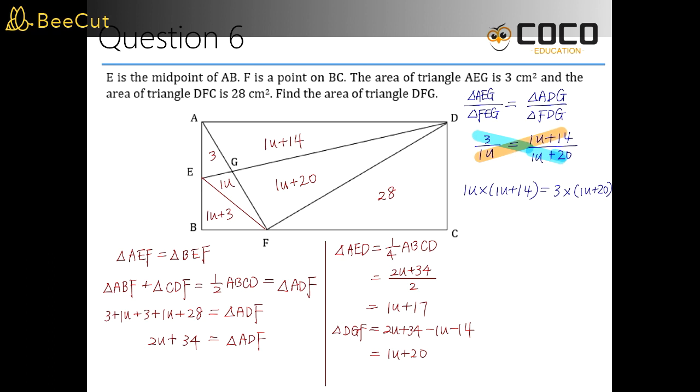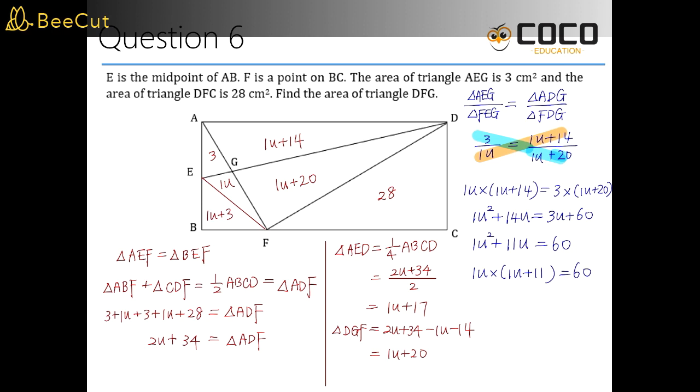So we expand the bracket: 1U squared plus 14U equals 3U plus 60. Minus 3U on both sides, 1U squared plus 11U equals 60. So 1U times 1U plus 11 equals 60.